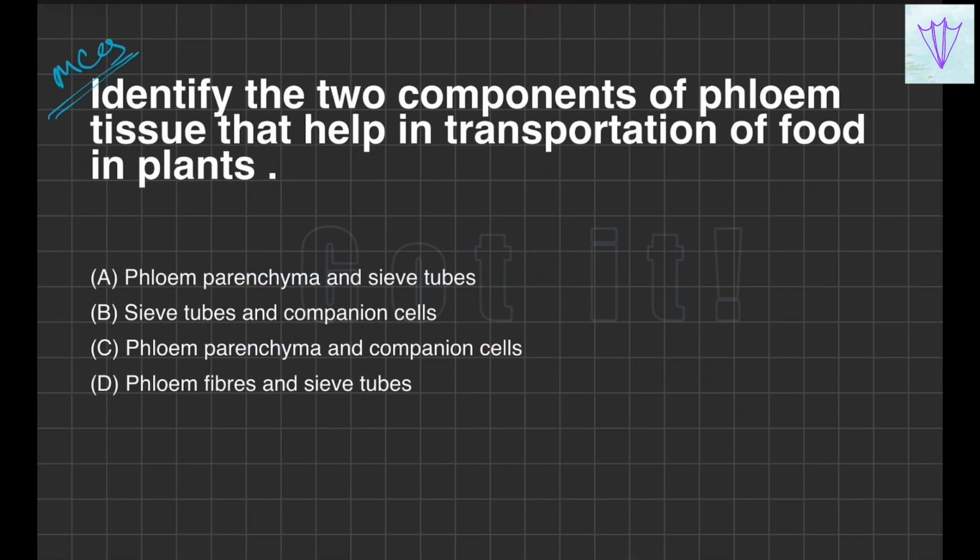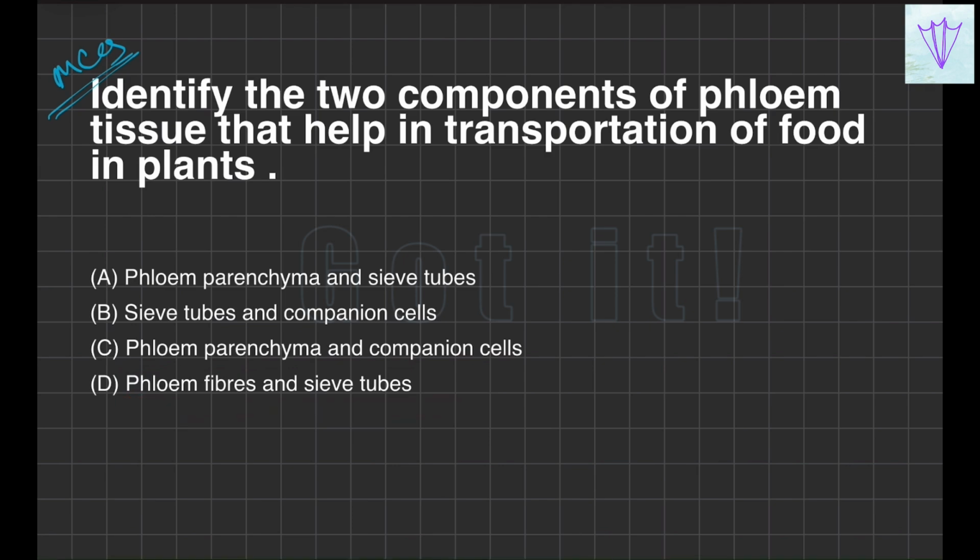Here they are asking us to identify the two components of phloem tissue that help in the transportation of food in plants. They have given us: phloem parenchyma or sieve tubes; phloem parenchyma and companion cells; phloem fibers and sieve tubes.